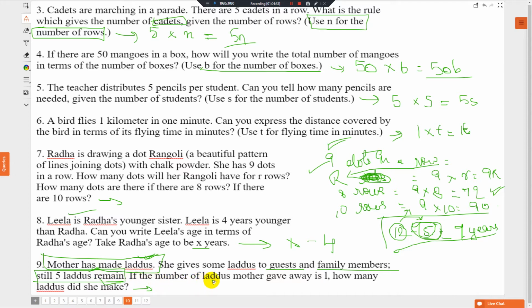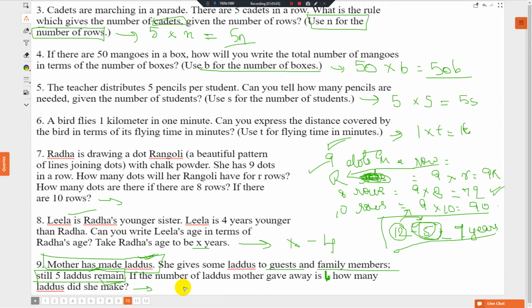If the number of laddus mother gave away is L, how many laddus did she make? What they are asking is the total number of laddus she made. So in that case, we'll simply do addition, right? She gave some laddus, how many we don't know, and how many she made we also don't know.